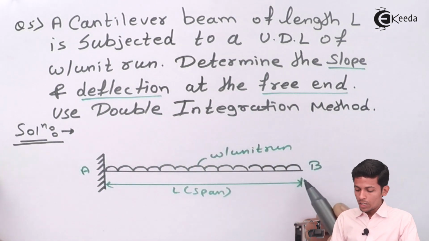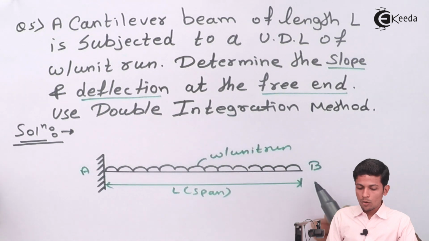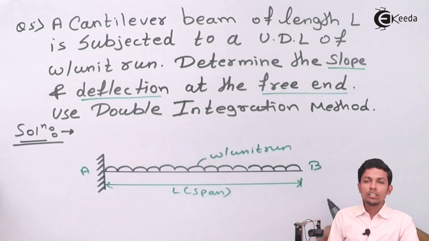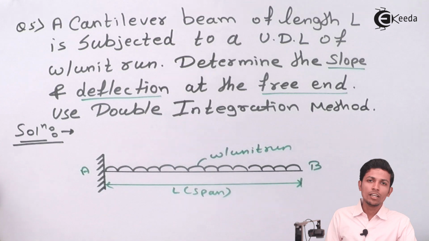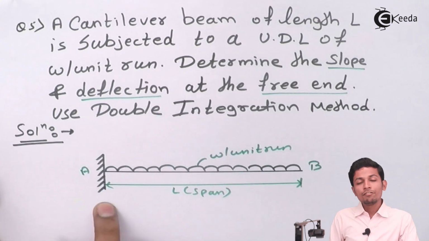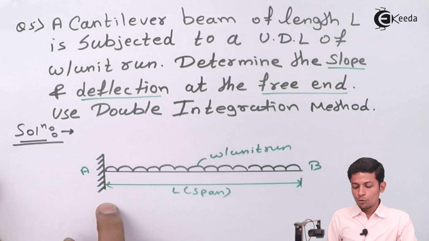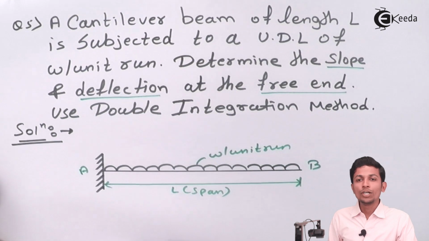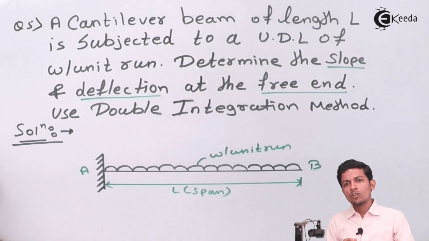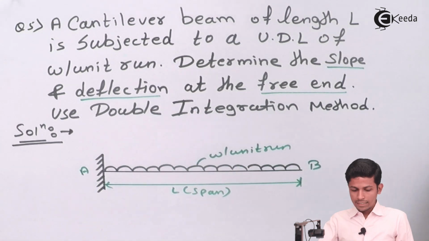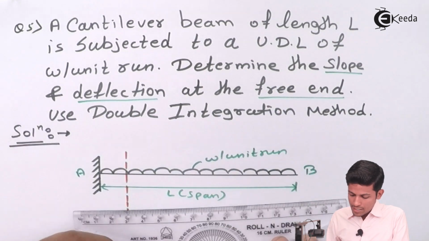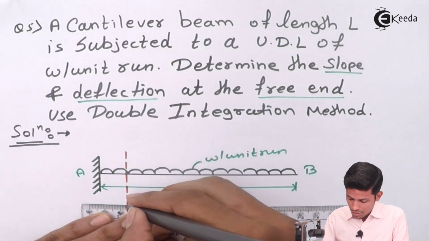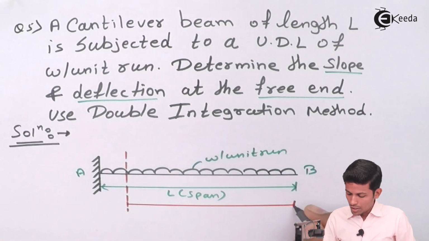Now what Macaulay says for us: take a section at the extreme corner, or if a UDL is there, take the section from the UDL. But in fixed beam type problems, we don't need to find the reaction, because we are always taking the left side. So take a section over here like this, and take a distance x from B, which is the origin.